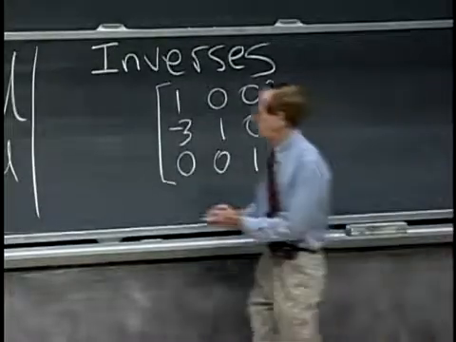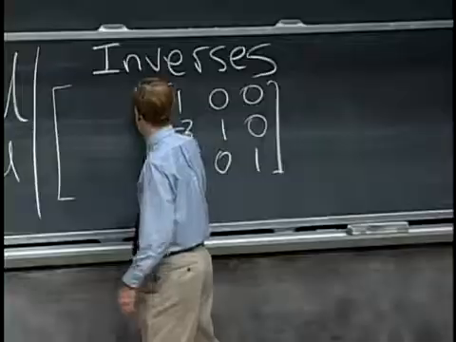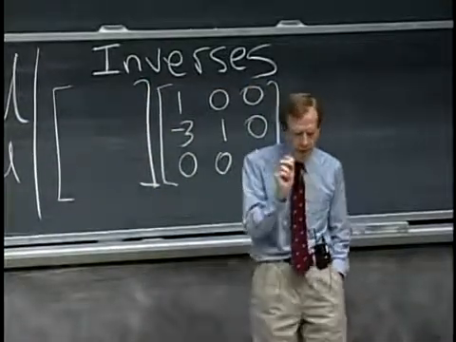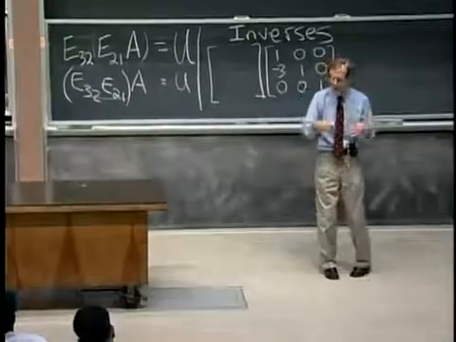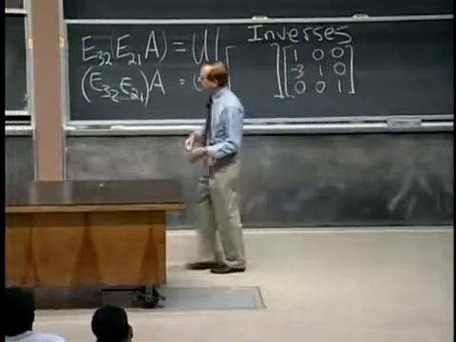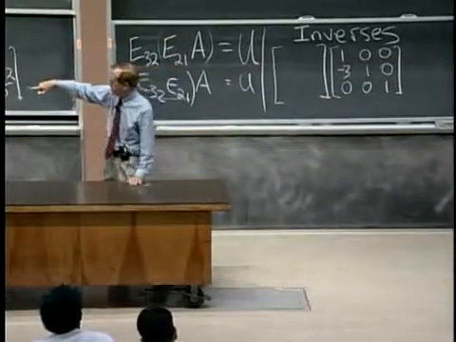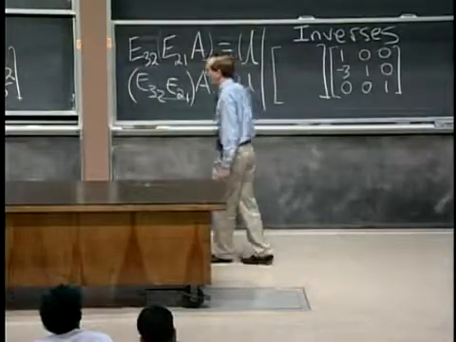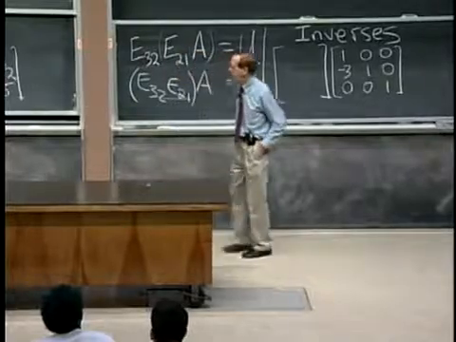So what matrix will get me back? What matrix will bring back, you know, if I started with a 2, 12, 2 and it changed it to a 2, 6, 2 because of this guy, I want to get back to the 2, 12, 2.